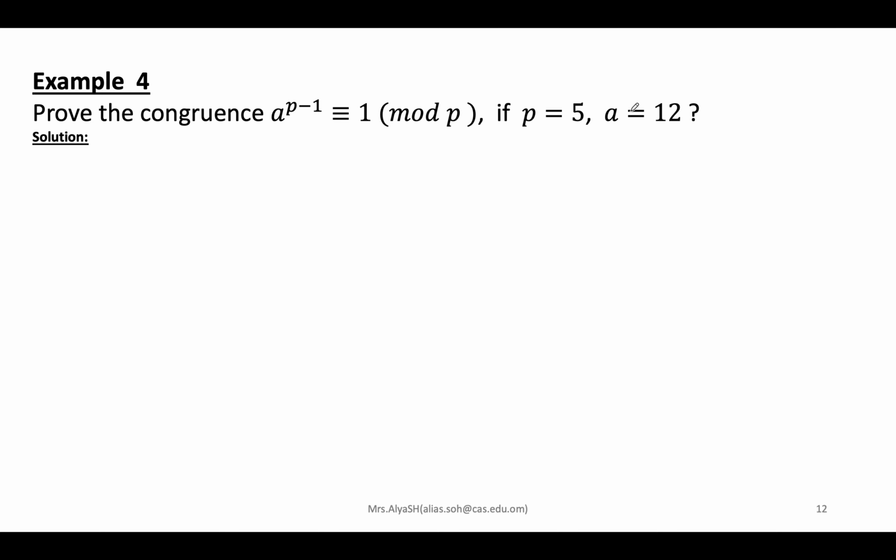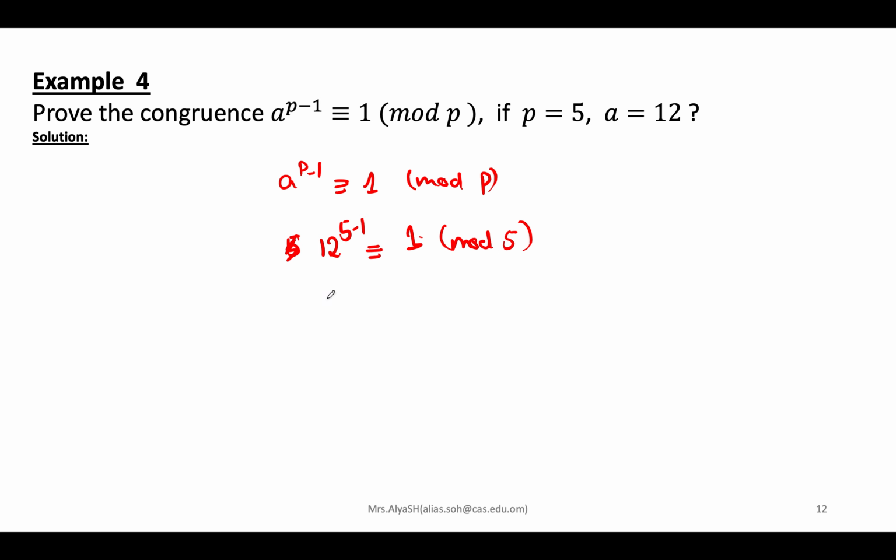If p is 5 and a is 12, then we can just rewrite the theorem here mod p, and let's substitute the values in the theorem. So here we got 12 to the power 5 minus 1 is congruent to 1 mod 5.